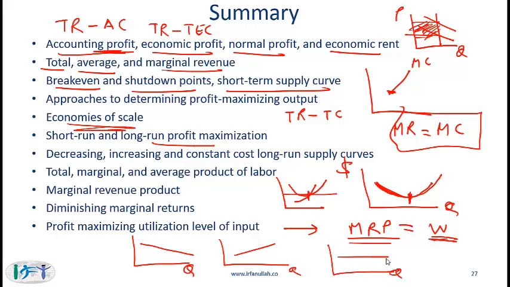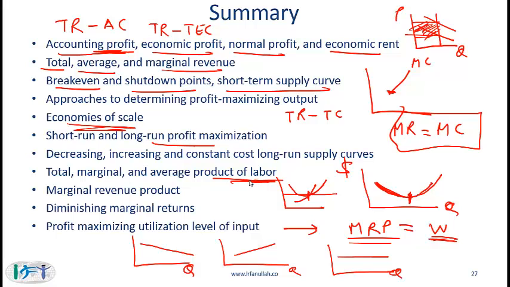Total, marginal and average product of labor. This is simply referring to the output from a factor of production. The typical factor of production that we use is labor, although we could use other factors of production such as capital. So total product of labor would be the total output when we use labor.